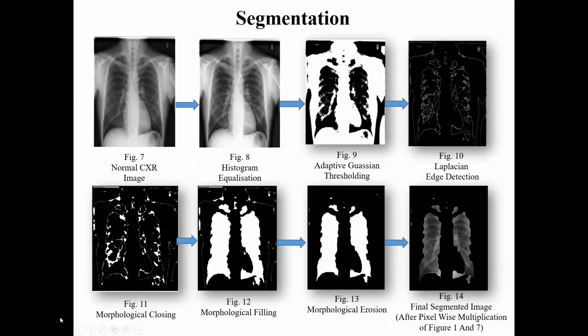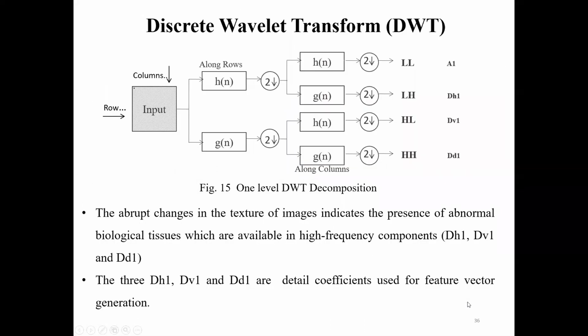Then we have morphological closing like erosion and dilation, and morphological filling is done, morphological erosion here, as I said. And the final segmented image after pixel-wise multiplication of figure 1 and 7 is shown in figure 14.